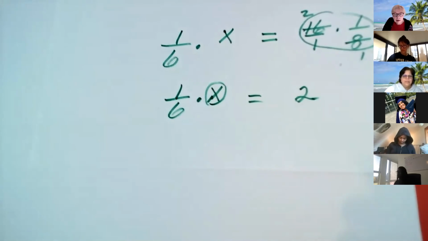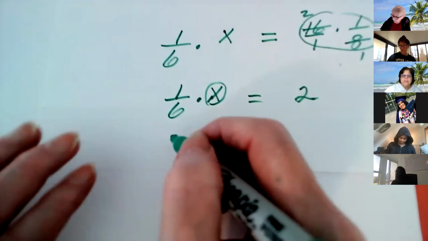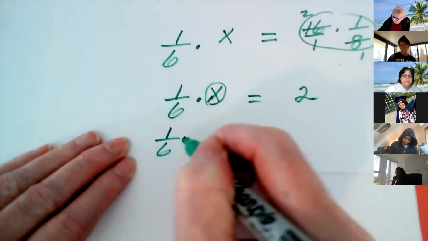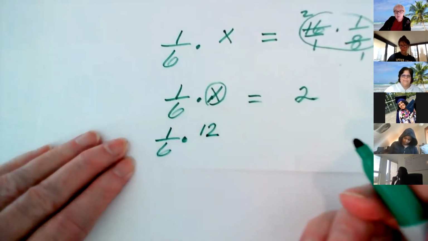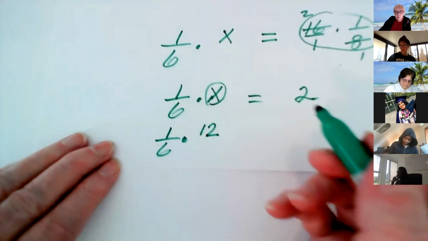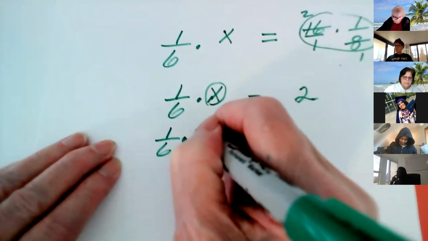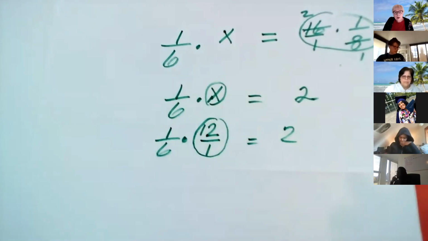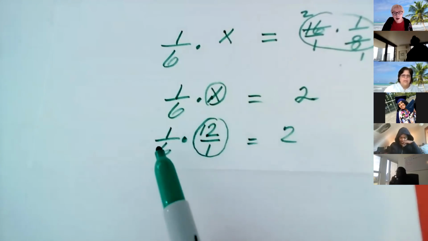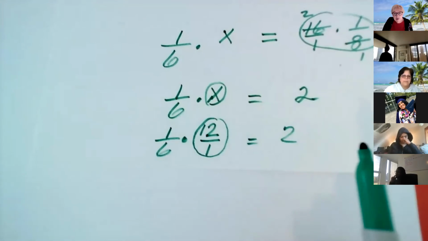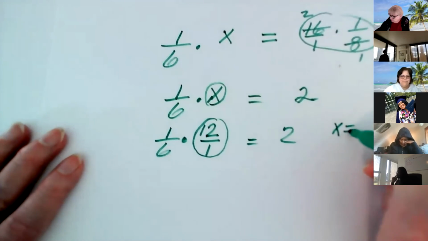Can anybody see it? If I multiplied by 12, it would give you 2, so X would be 12.